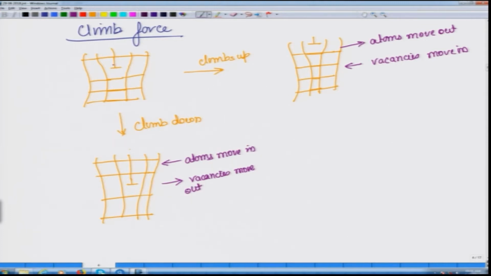Because of this there is a squeezing action or expanding action which is causing the dislocation to move up or down. What you realize is that in this particular case, a lot of movement of not only the atoms but also vacancies takes place, and therefore most of the time this climb process is thermally agitated or thermally governed, because when you change the temperature, vacancy concentration will increase.